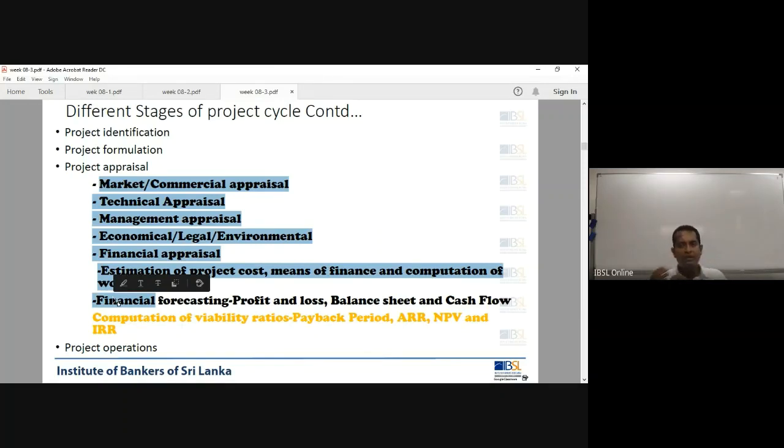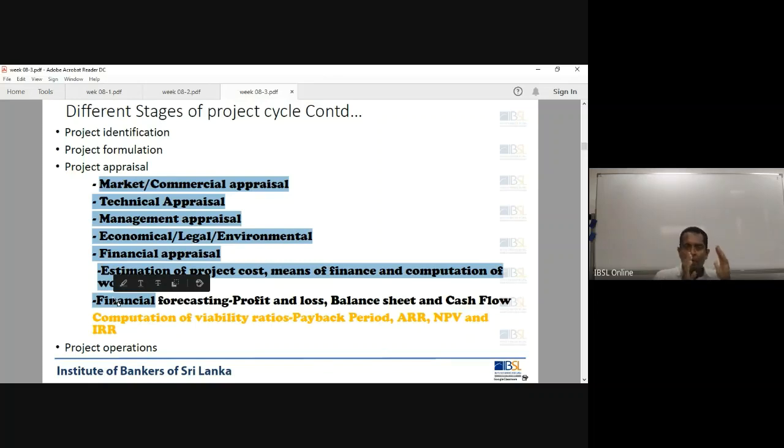What machinery do we need? What infrastructure do we need, like roads, water supply, power supply, backup power generation, and all those things? Then what floor area do we need, and what kind of buildings? All those things are covered under technical appraisal, right?